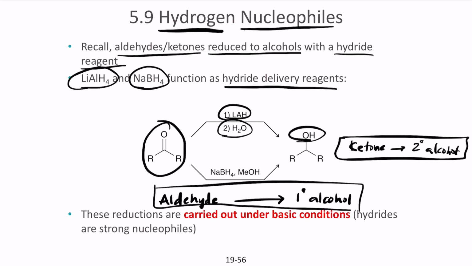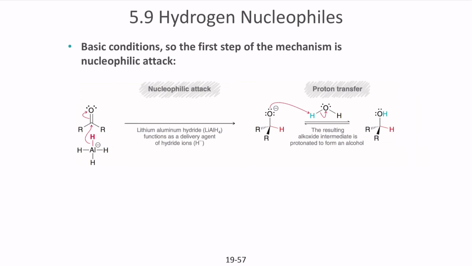These reactions must be carried out under basic conditions because hydrides are really strong nucleophiles. That's the reason why the reaction favors basic conditions. Let's take a look at the reaction. Let's take a look at LiAlH4. That splits to form Li plus and AlH4 minus.